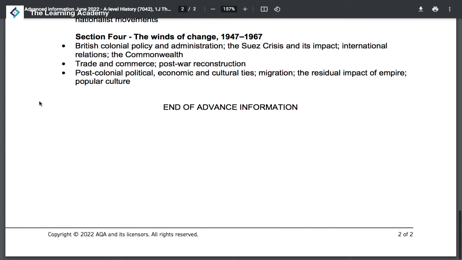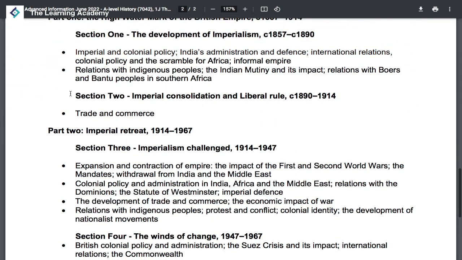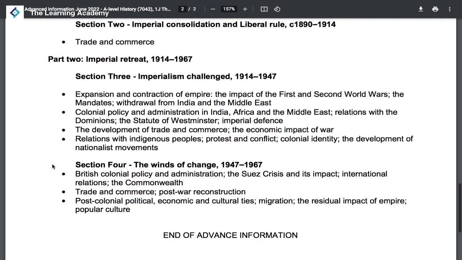Again, this being the post-war reconstruction period, so the trade and commerce that existed within the empire following the end of the Second World War, and then finally post-colonial political, economic and cultural ties. So what happened after the empire had ultimately collapsed, the residual impact of the empire and the empire through popular culture. So these are the things you're going to have to study, and these are the things that we're going to be doing lessons on specifically for this module.